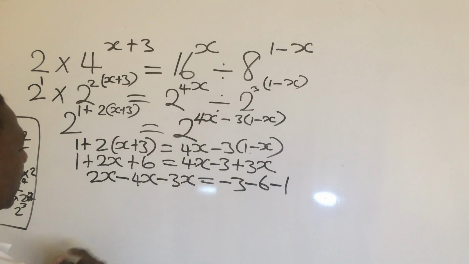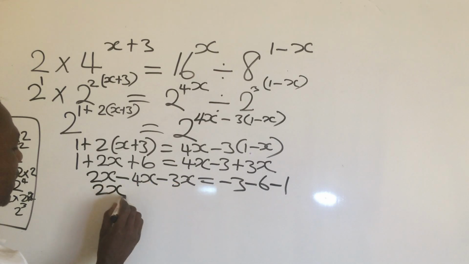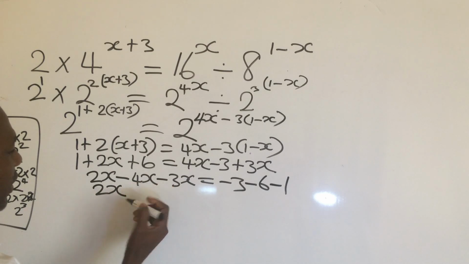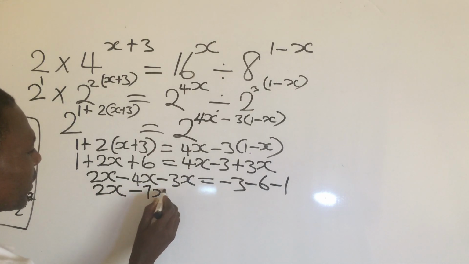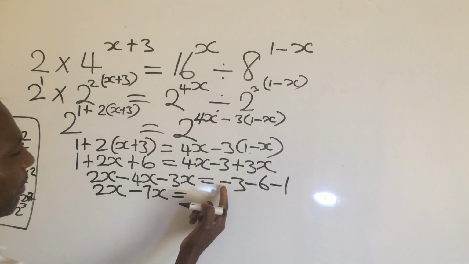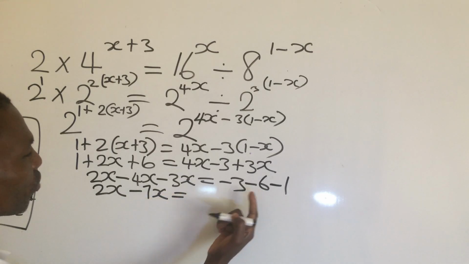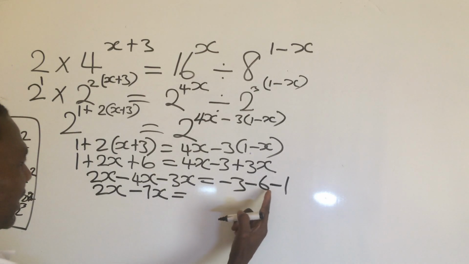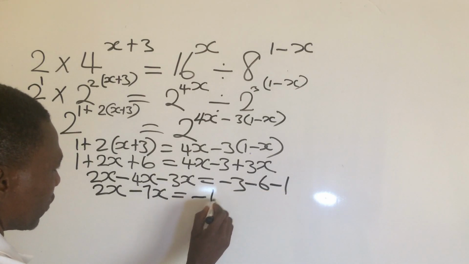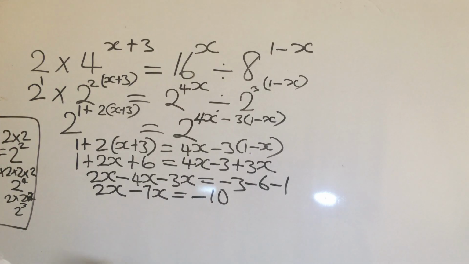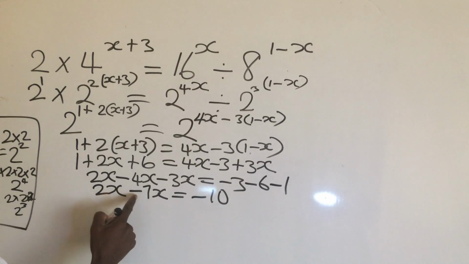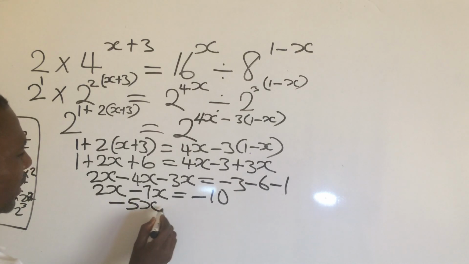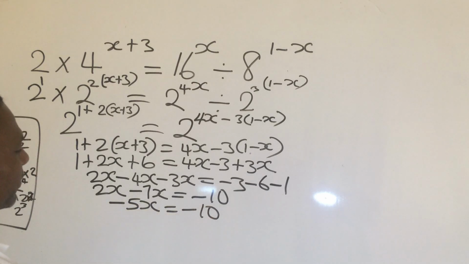Minus 4x minus 3x, plus the 2x here. We add the minus together. Minus 4x minus 3x gives minus 7x equals minus 3 minus 6 gives minus 9, and adding the minus 1 gives minus 10. Now 2x minus 7x gives minus 5x equals minus 10.